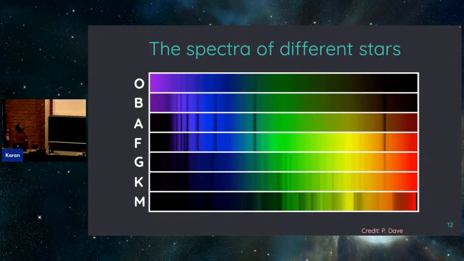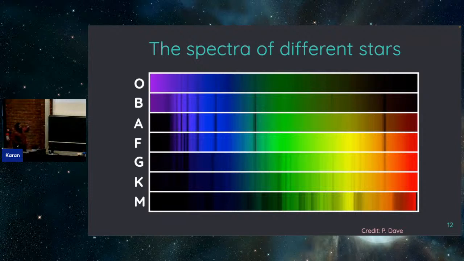Similarly, different stars of different spectral types have different barcodes. Of course, if you go to the supermarket and you pick up a product, it'll have a different barcode because it's a unique product. It's a unique barcode to each specific item. Similarly, the spectra of different stars are similar, so all O stars will have a similar type of barcode, but not exactly the same.